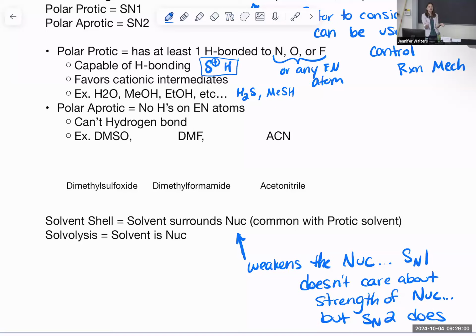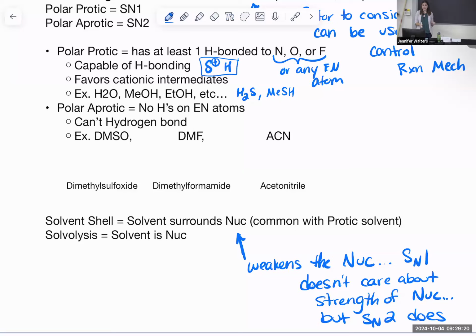That's going to disfavor SN2 because it slows down your nucleophile. So now your nucleophile is all protected and it can't actually get to the electrophile. So now it's going to be a slower reaction. So that's why the protic solvents are disfavored with SN2, usually.